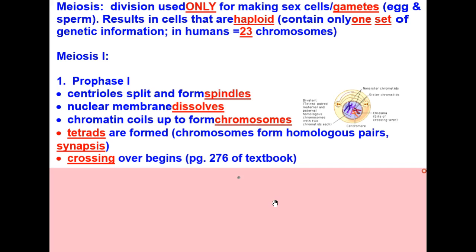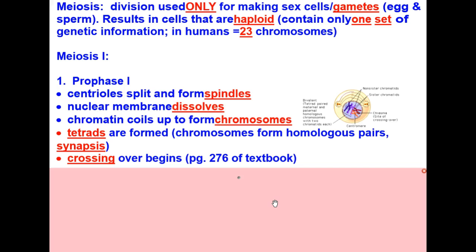And that's highlighted from page 276 of your textbook. Crossing over is extremely important, and that's how we get variation in humans, by that exchange of genetic material between the chromosomes themselves. This is why you may look similar to a sibling, but not identical to a sibling, and not identical to your parents.